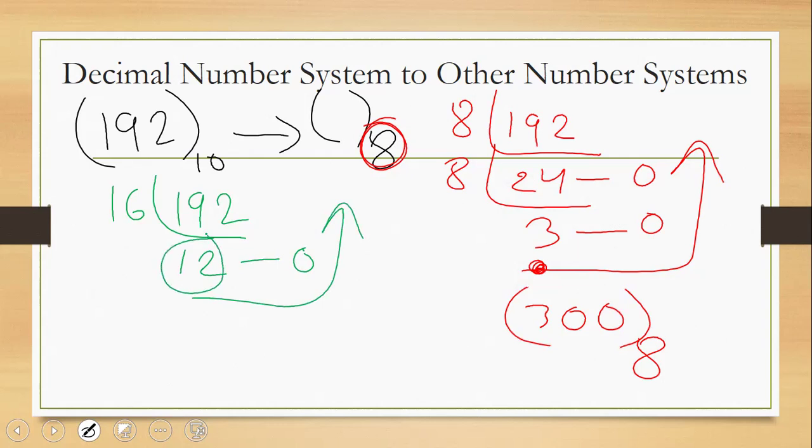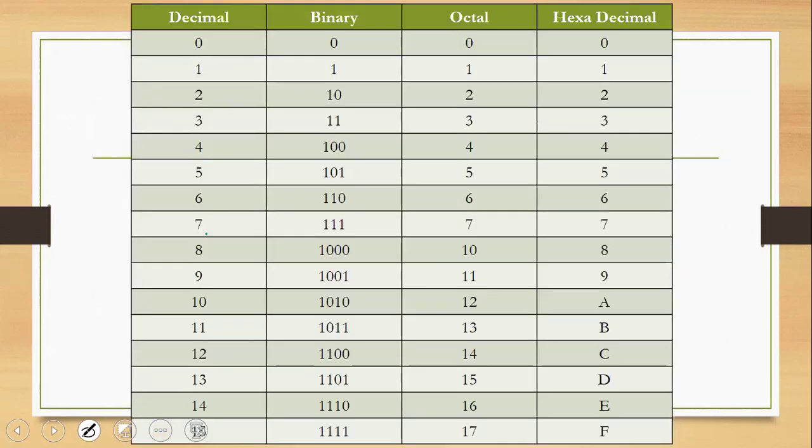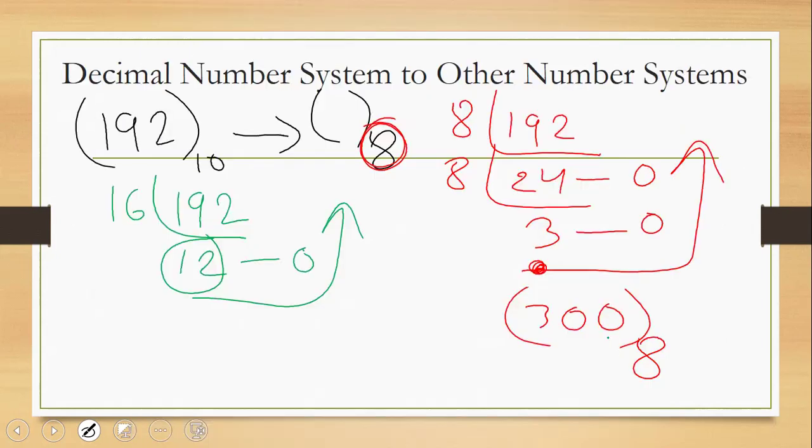This is not 12. I have already shown you this: decimal 12 is equivalent to C in hexadecimal. This is very important to remember up to 15. So the decimal 12 is equivalent to C in hexadecimal.